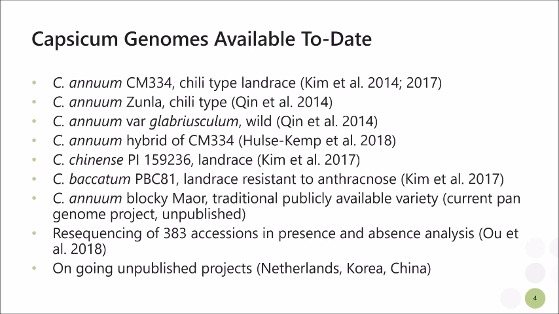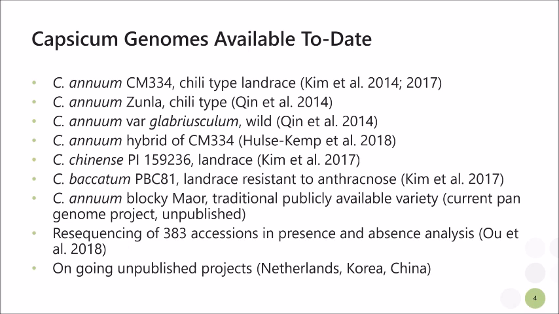Another is Zunla by the Chinese group in 2014. We have a wild relative of annuum, which is annuum var. glabriusculum, again in 2014. And then more recently, a hybrid of CM334 using the 10x technology by the Alan Van Dynes group.